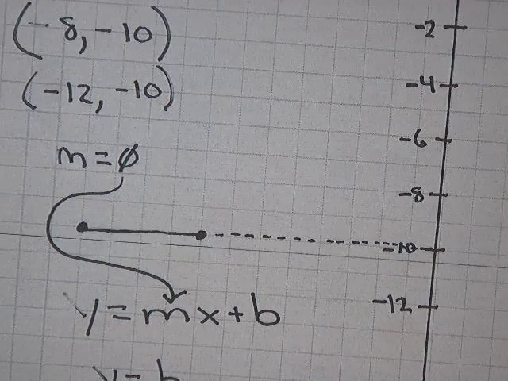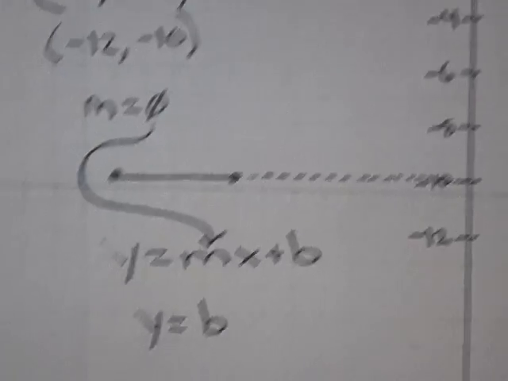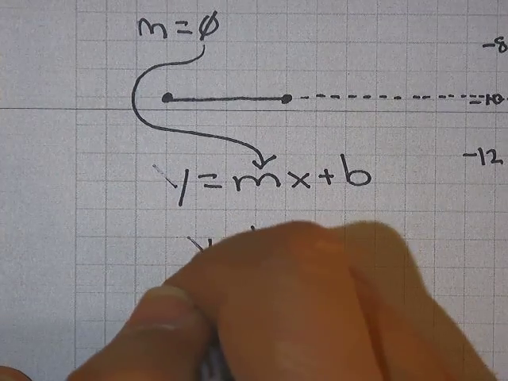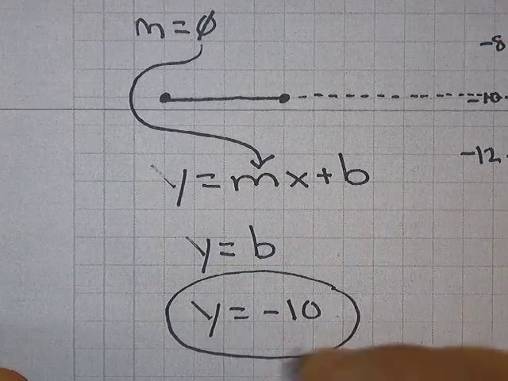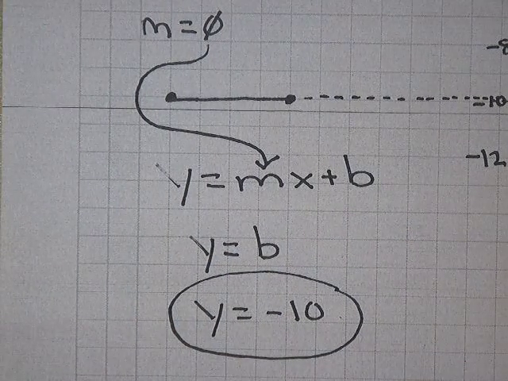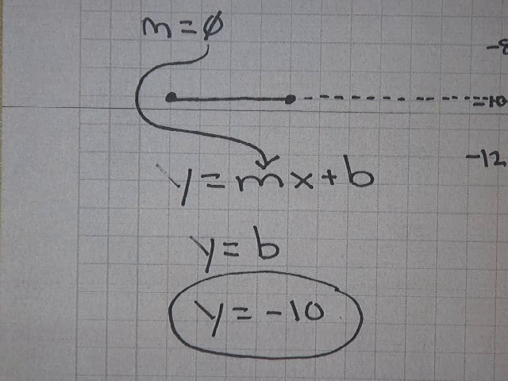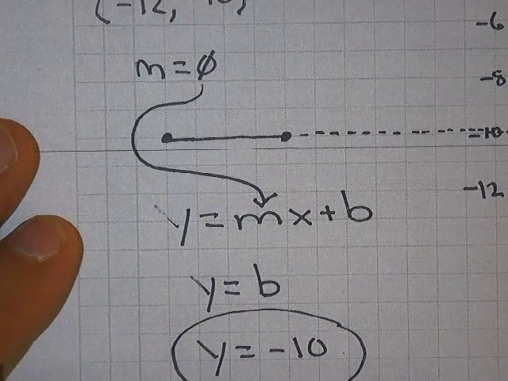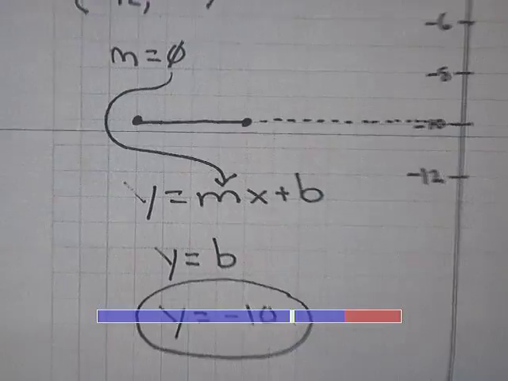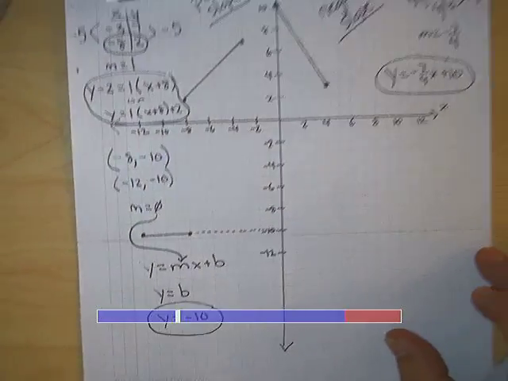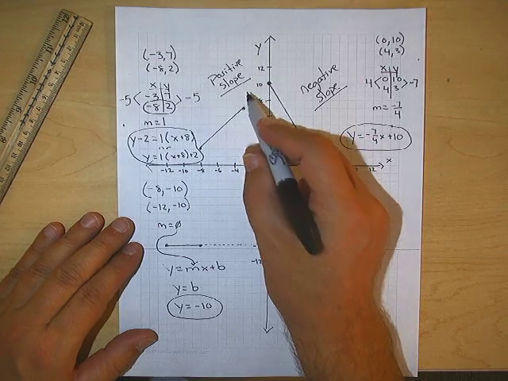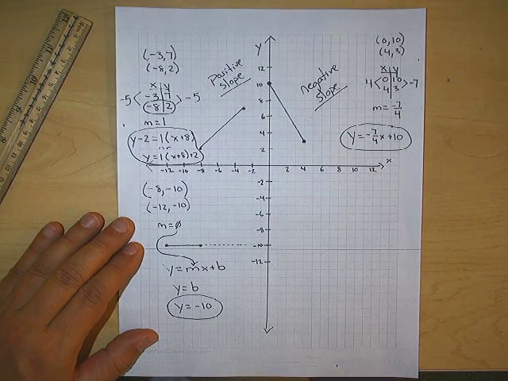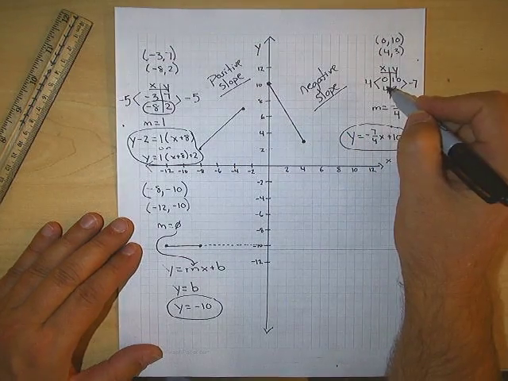It's going to go away, this part of it. And all we're going to have left is y equals b. Well, what is y equals b? b is the y-intercept. If you would go back to your line, and if you would continue your line with a dotted line across until you see where it's going to hit, it's going to hit right at -10. And so we could easily write the equation for this. It is simply y equals -10.